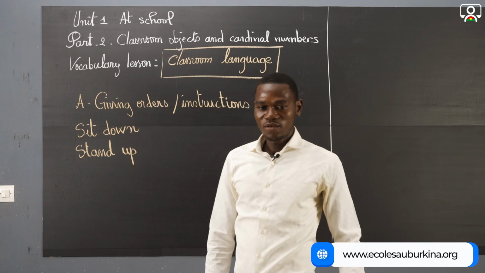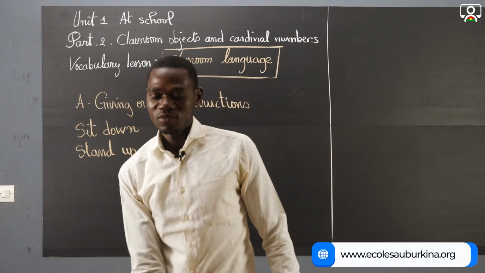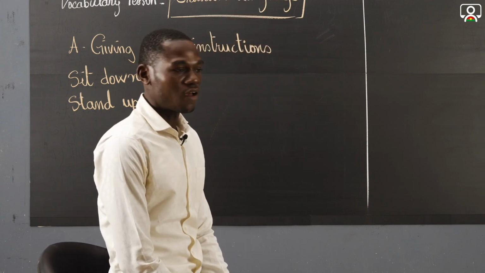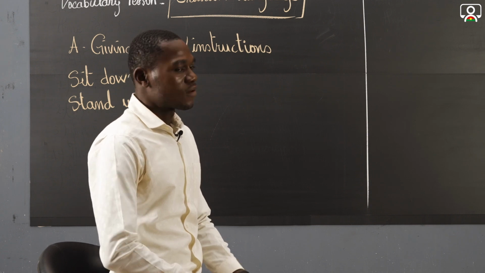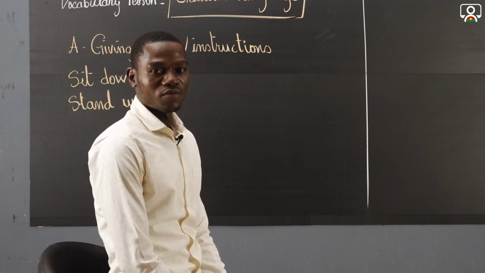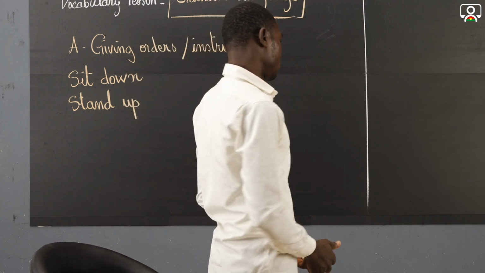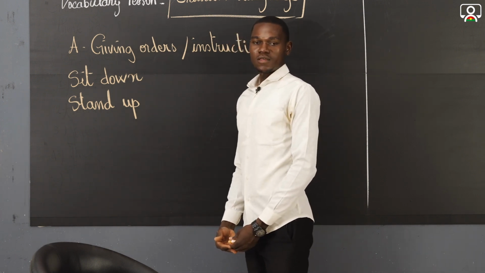You see, this is my place. Let's suppose the teacher is sitting here. Okay? Now, come to the board. Come to the board. Okay? So, the teacher goes to the board. Now, the teacher is at the board.